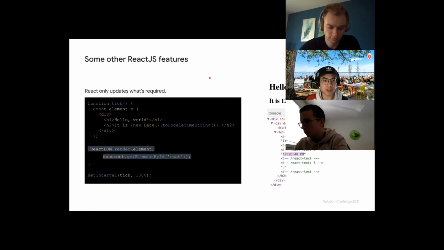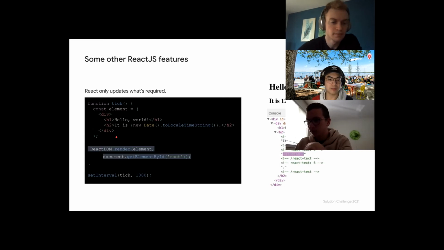Some other React.js features include efficient updating. So React only updates what's required. For example, here we have a function called tick, where inside we have a React element of the HTML tags.